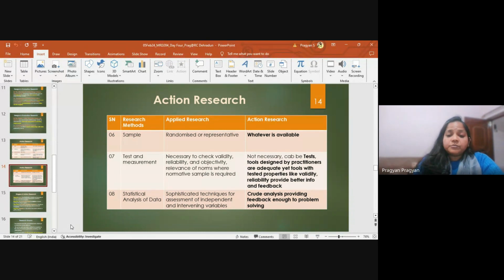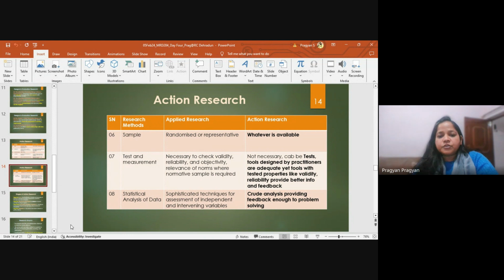not even in terms of the variables, but also you are free to define reality as per your choice. No, that means in terms of objectivity, in terms of reliability, in terms of validity, action research is not going to compromise the stakes of validity and reliability. Why?